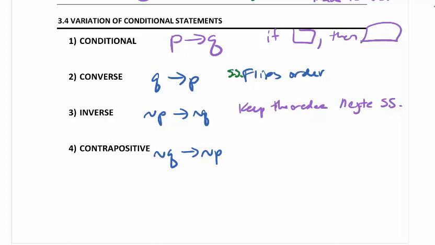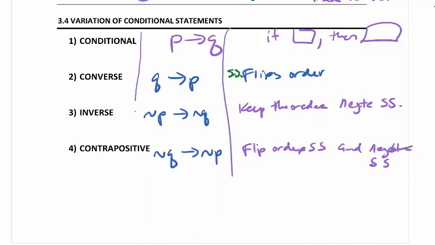So it doesn't matter which way you write those. Flip the order of simple statements and negate simple statements. So you can memorize it in words, you can memorize it in symbols. So these are the symbols that go with it, and these are the words.